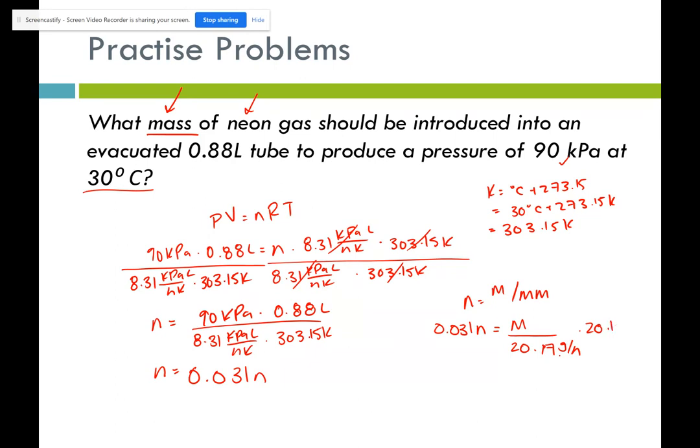So to get mass by itself, I'm going to multiply both sides by 20.17 grams per mole, which means mass is going to be 20.17 grams per mole times 0.031 moles. I'm going to report this to two significant figures because each of these values in my question has two significant figures. So it's going to be 0.63 grams.